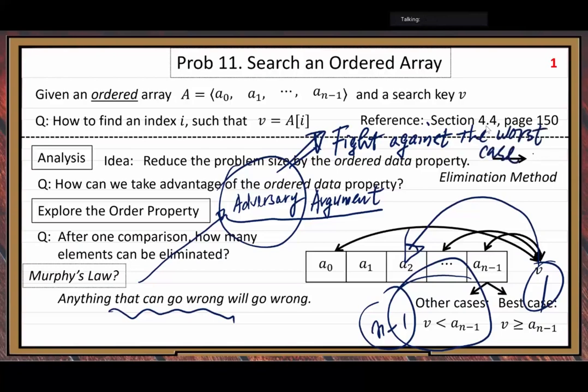Because here, we target the worst case, right? We always say we are only interested in the worst case. For non-worst case, we're not interested.